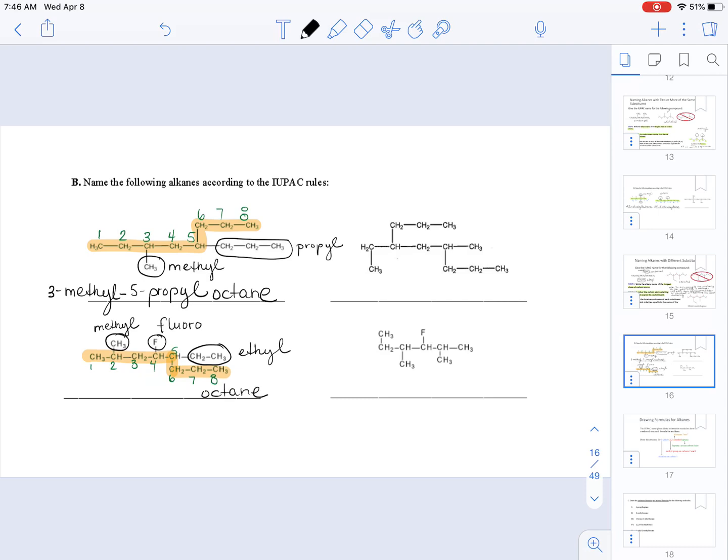We have 3 different substituents and we have to put them in alphabetical order. So the first one is going to be that ethyl group. On position 5, we have an ethyl. Then on position 4, we have a fluoro group. On position 2, we have a methyl group, and all of these 3 substituents are attached to the longest carbon chain, which is an octane.